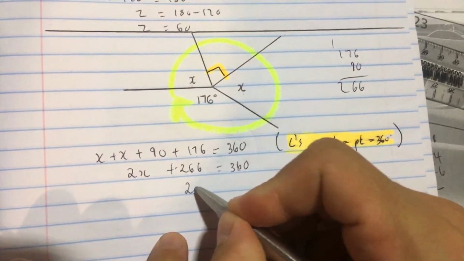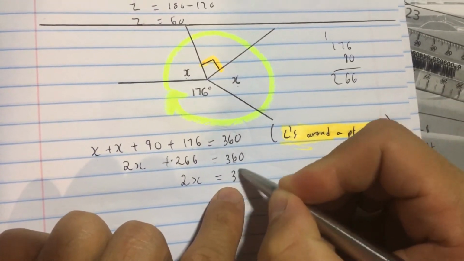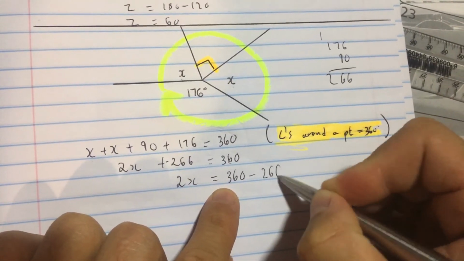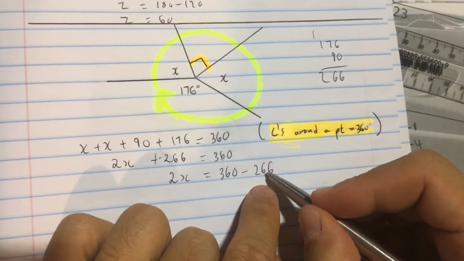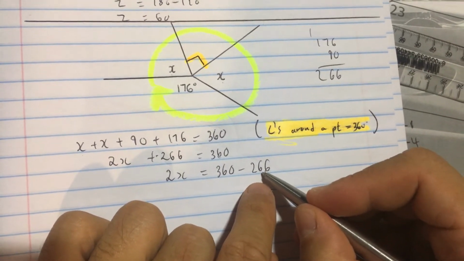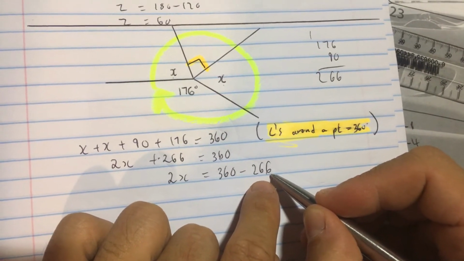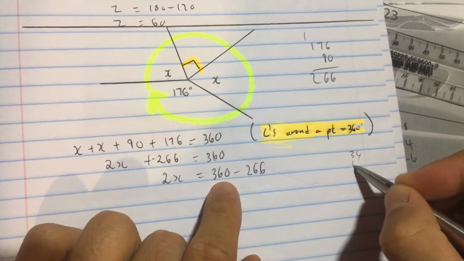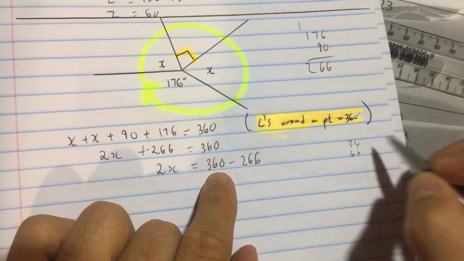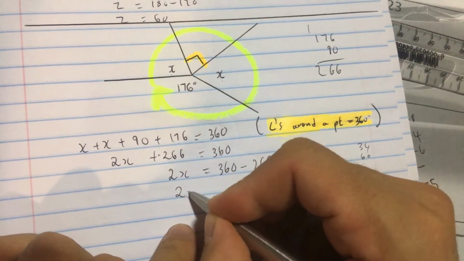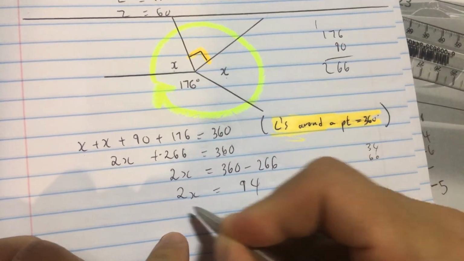Then I take the 266 over. So 360 minus 266. What do I need onto that? I need 34 onto that to make it 300, and 34 and 60, what's 34 and 60? 94. So 2x is equal to 94.